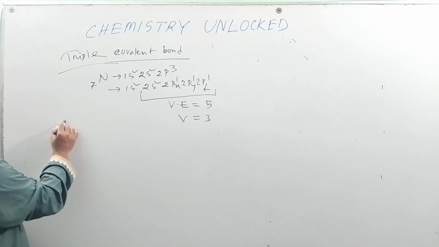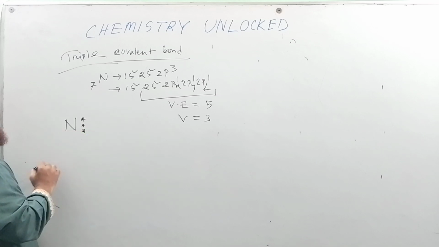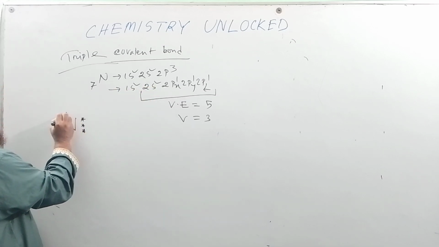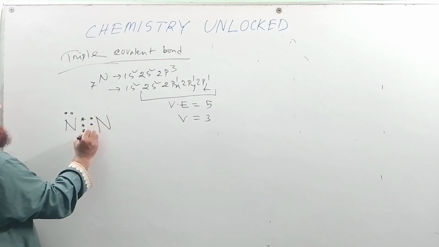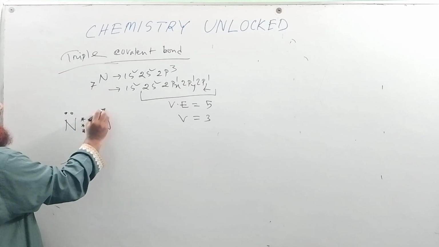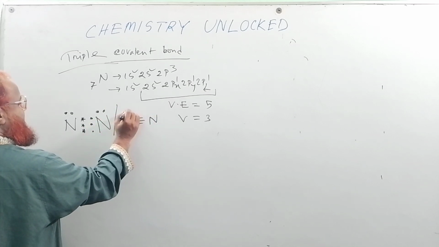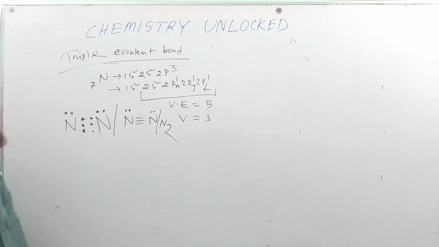Now, nitrogen has 1, 2 and 3, 3 unpaired, and 1 pair as a lone pair. Another nitrogen atom has 1, 2 and 3 and 1 lone pair. So they will make this triple covalent bond like this, and that is the N2 molecule.